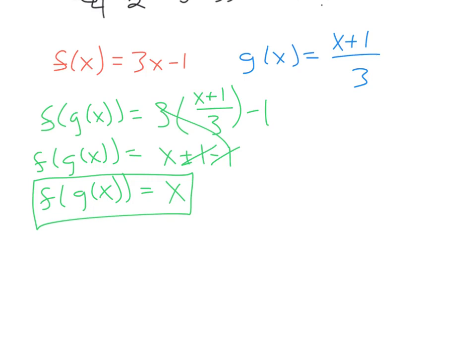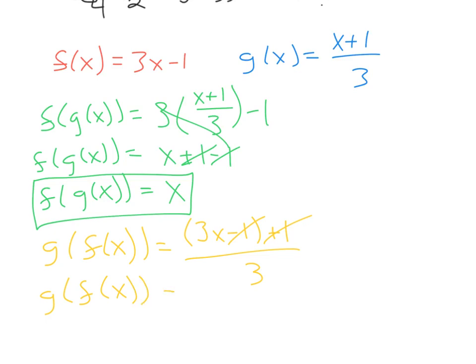So say I did g and I put in my f of x, then that's going to give me not the x, but 3x minus 1 plus 1 over 3. So the minus 1 and the plus 1, those will add to 0, and then that gives me 3x over 3, and the 3's will simplify, and that gives you x.